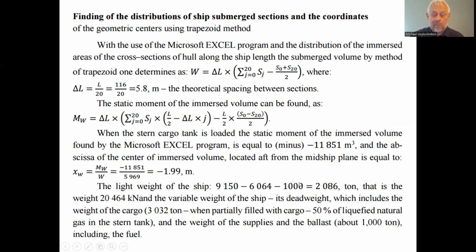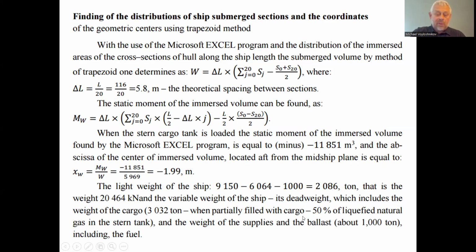The magnitude has to be within the load line displacement. Maximal should be about 1,000 ton. So we can find that the light weight of the ship is 2,086 ton.